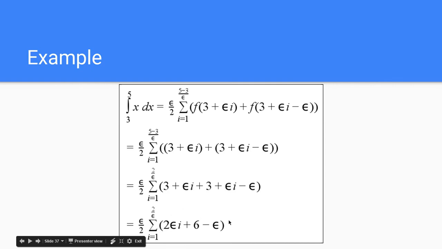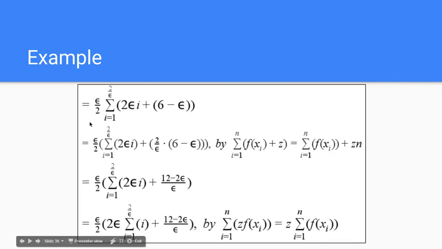And then down here I have actually done the addition, so 3 plus 3 is 6. Epsilon i is going to be 2 epsilon i, then minus epsilon. So here, what I've done is I've just put parentheses around 6 minus epsilon to make it clear what I'm going to do in the next step.